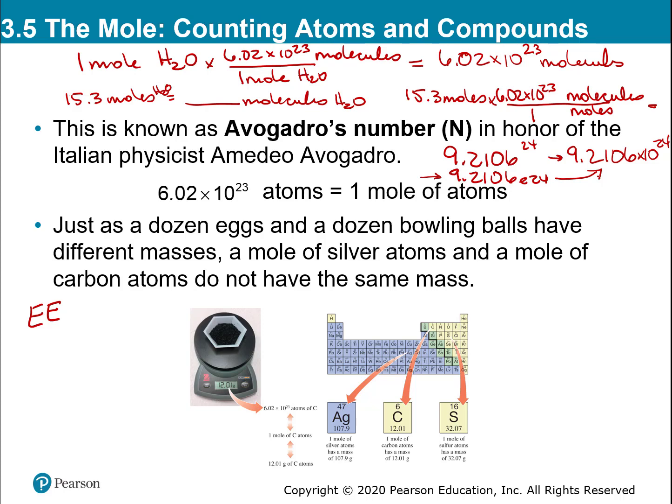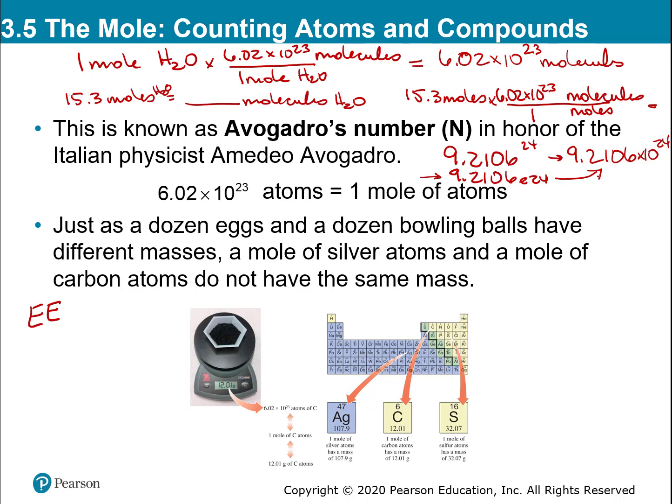Clear it. 15.3. I just want to see if that's right. 15.3 times 6.02, times 10 to the x, 23. I put the E first, that's why mine didn't come out right.